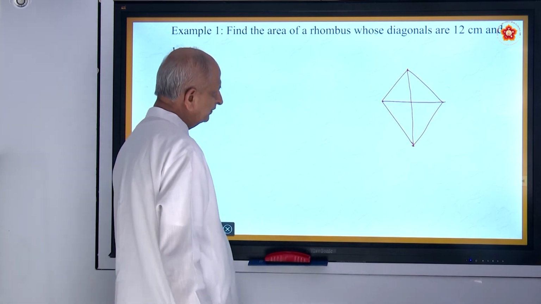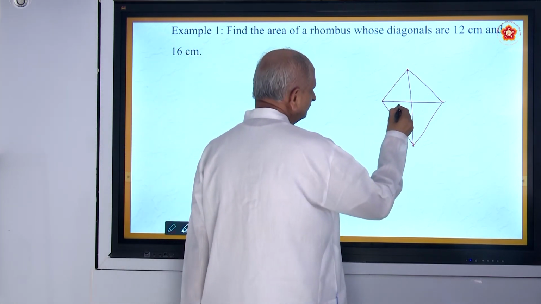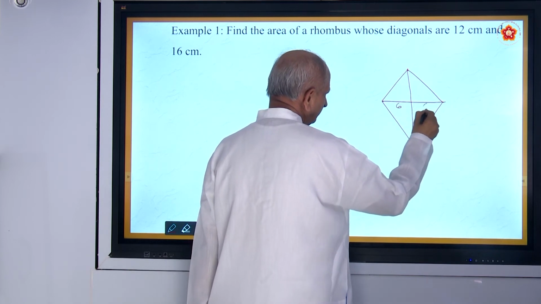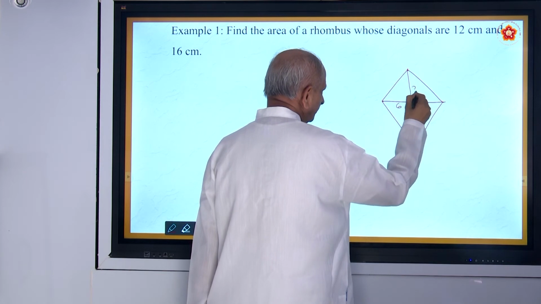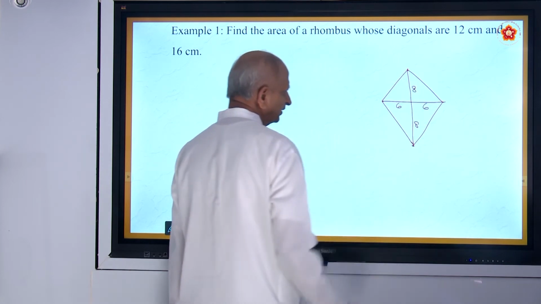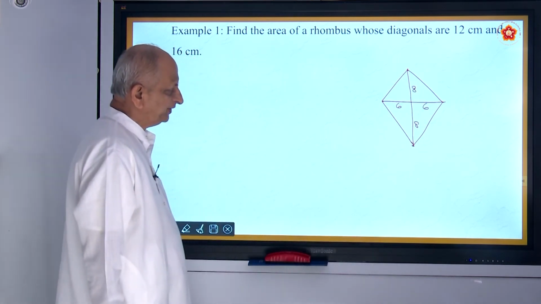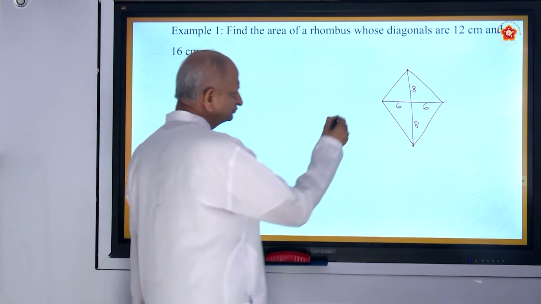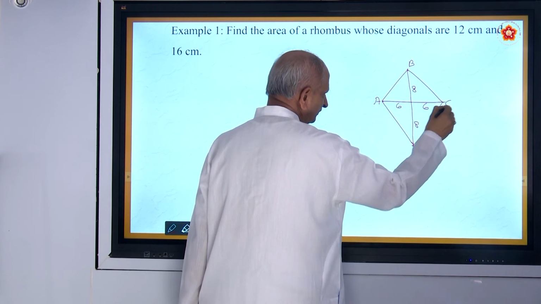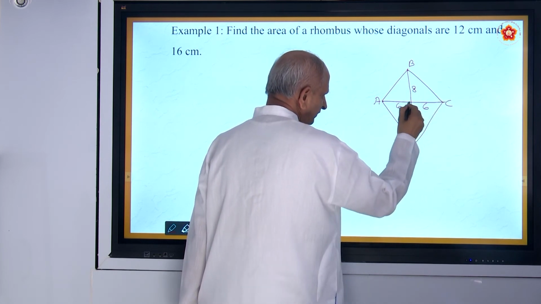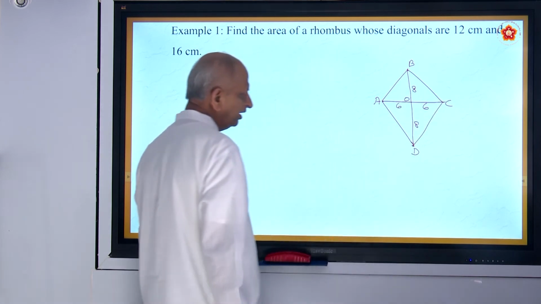Here one diagonal is given to be 12, so 12 means 6, 6. Another is given to be 16, that is 8, 8, because they bisect each other. Name it A, B, C, D, and they bisect each other at a point called O.